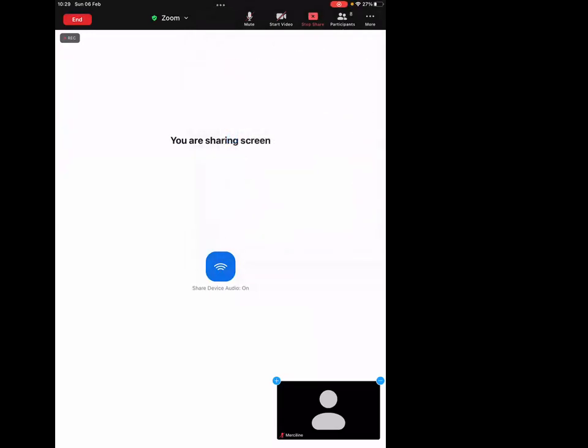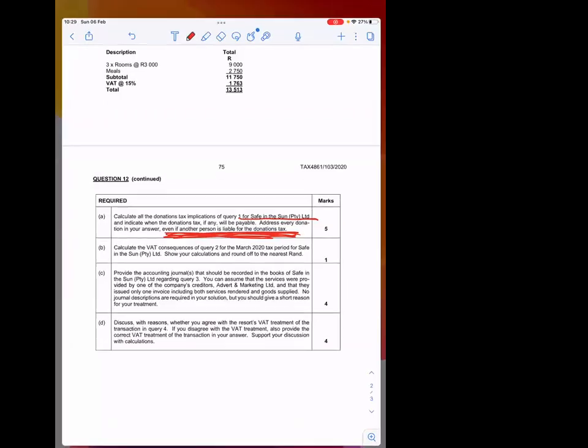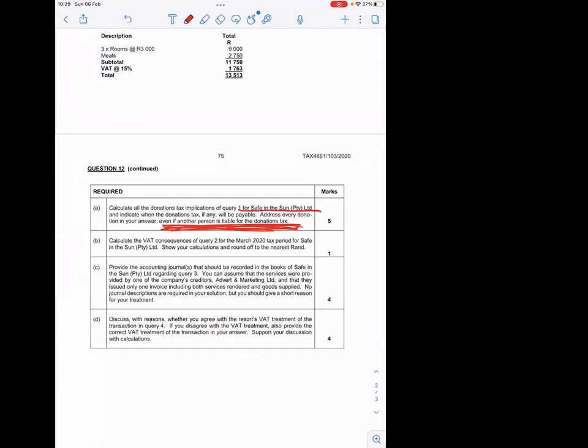Under what circumstances can we have such a scenario? Where Safe in the Sun donates, but another person is going to be liable for donations tax. When section 57 applies, when Safe in the Sun was instructed by a natural person to make a donation. Okay, so that's what they are saying. So we might see something like that.